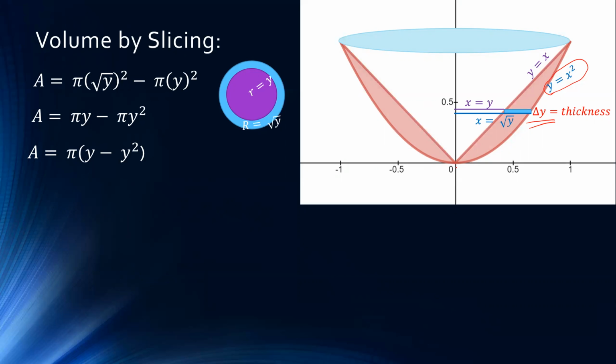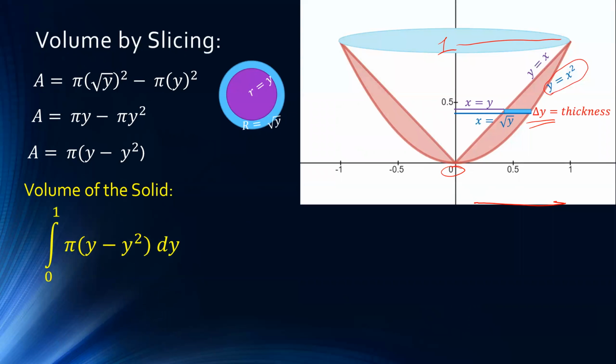And my integral will go from the y value of 0 to the y value of 1 right there. And so the volume of the solid is the integral from 0 to 1 of the area of one slice multiplied by how thick, right? Area multiplied by how thick gives you the volume.